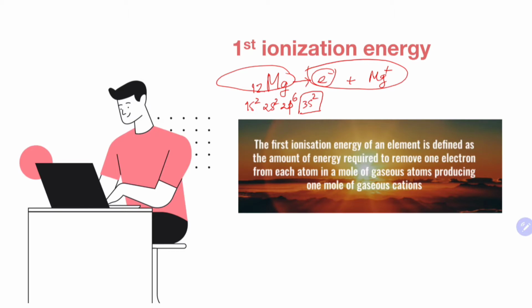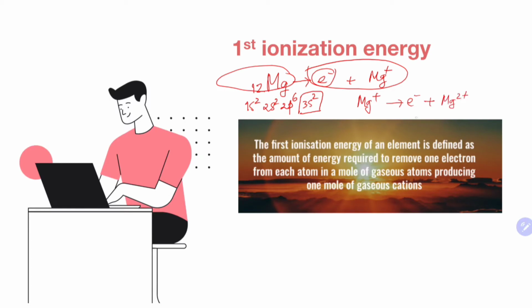After Mg becomes Mg plus, it can still release one new electron. So from Mg plus, release one electron to form Mg2 plus.